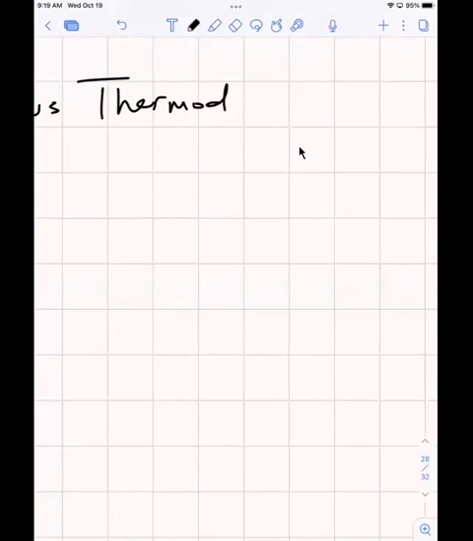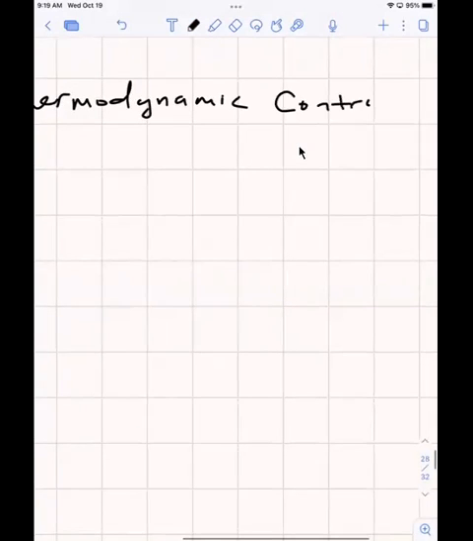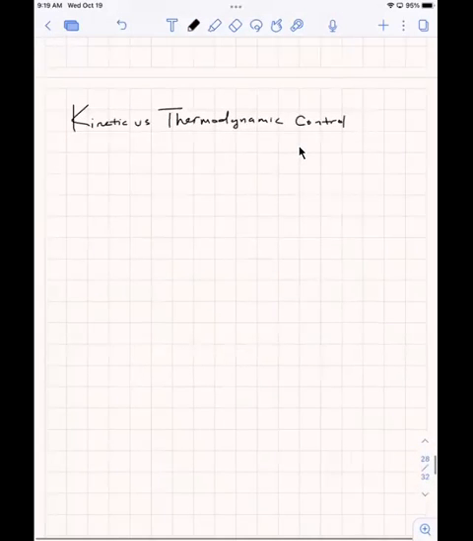One second, let me get my handwriting together. All right, so this is all based on either activation energy for kinetic control or delta H for thermodynamic control, right?